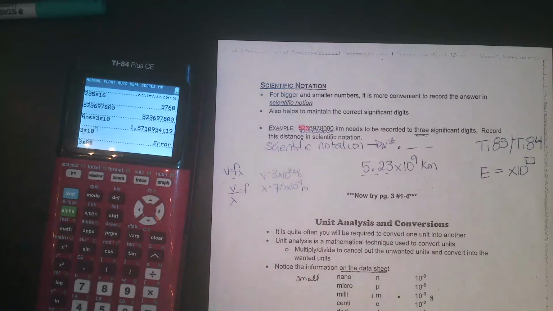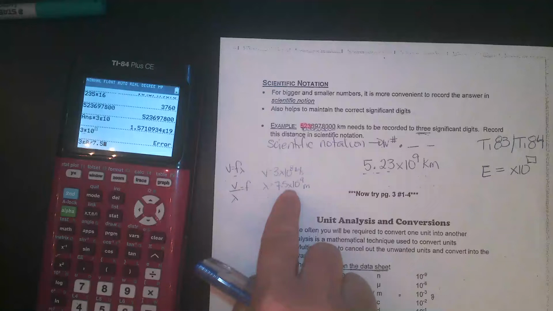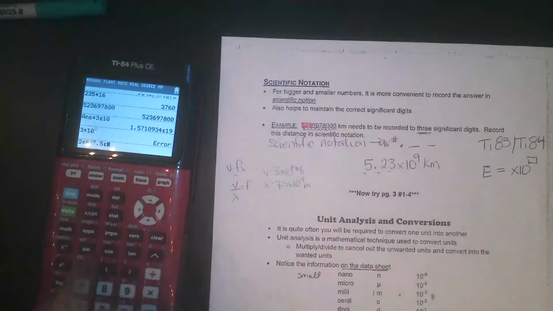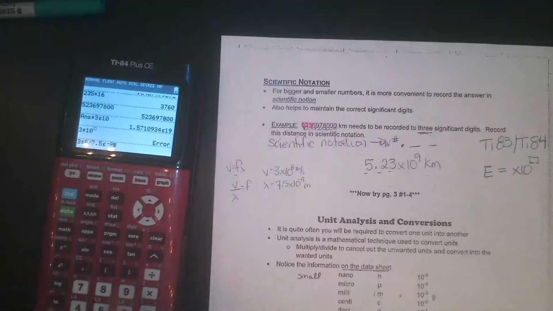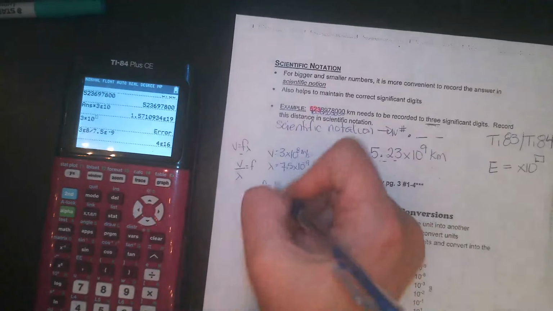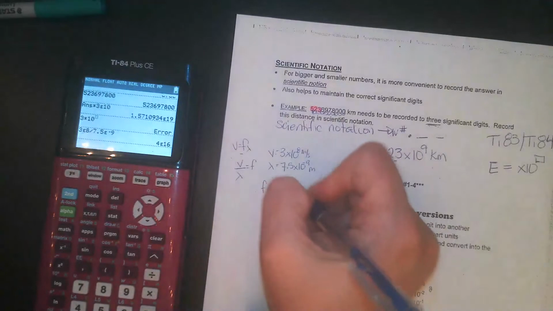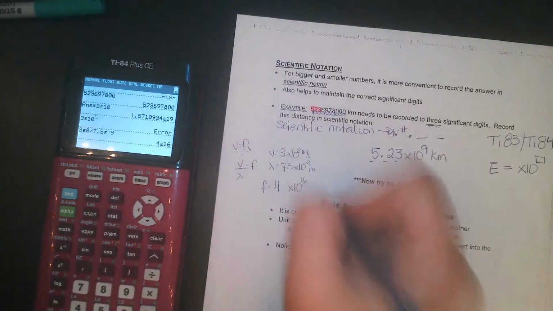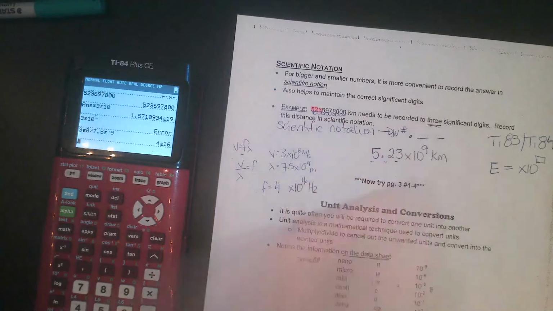So then I'm going to divide it by 7.5 times 10. So I'm going to use my E button, the negative 9. And I'm going to get 4 times 10 to the 16 hertz.